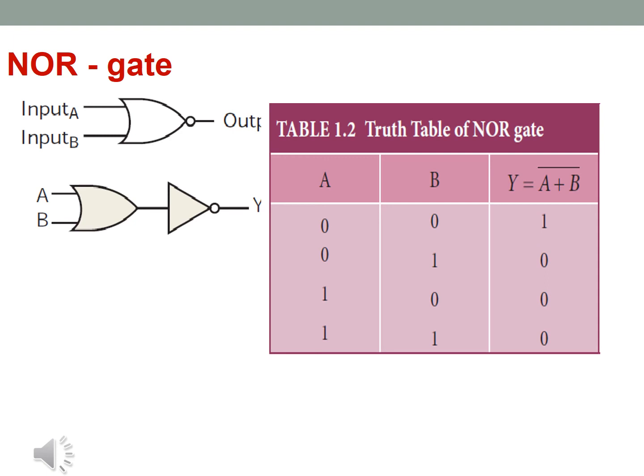For example, if you are giving A and B to an OR gate, it will provide A plus B, and the NOT gate will provide the complement, A plus B the whole bar, which is similar to the NOR gate output.